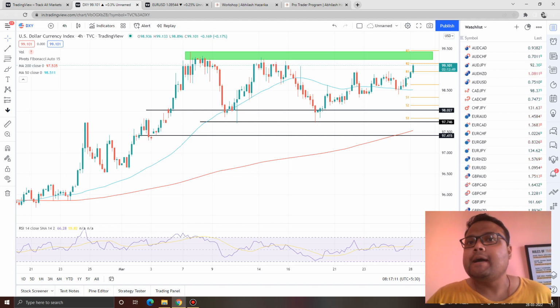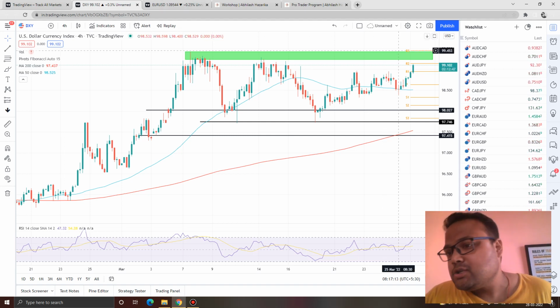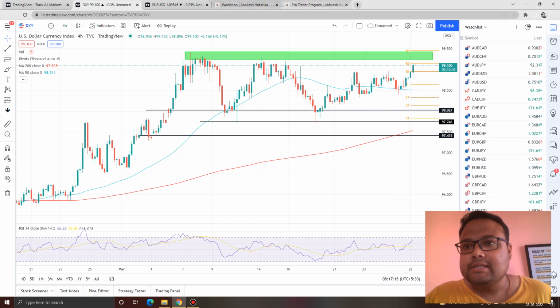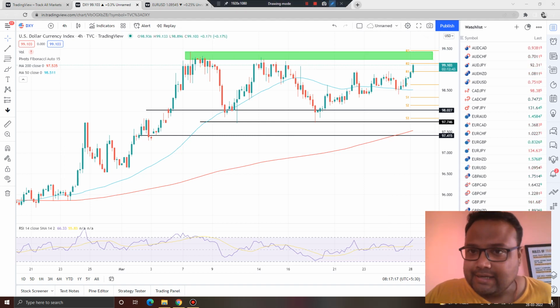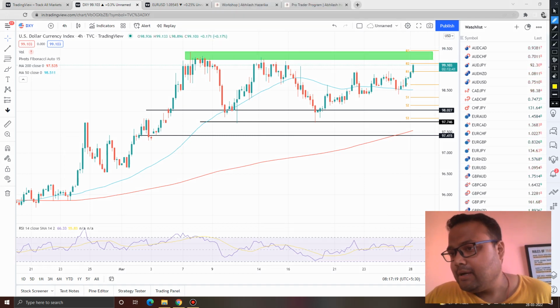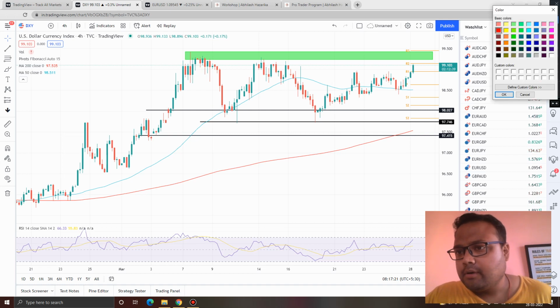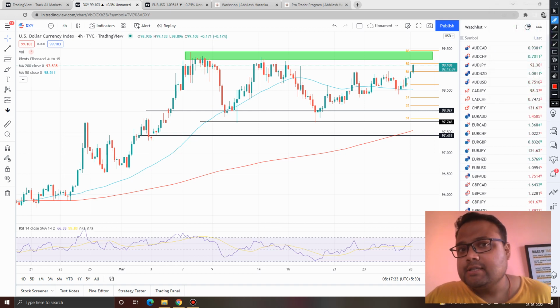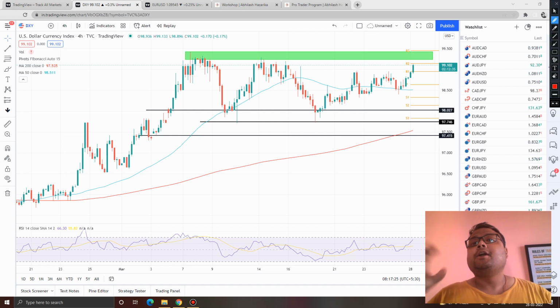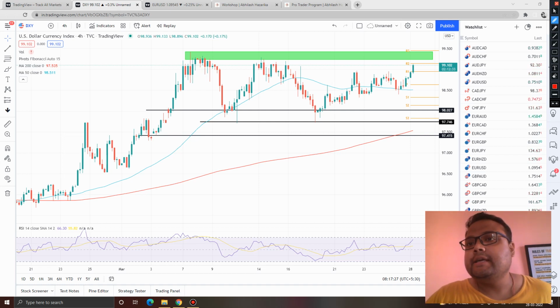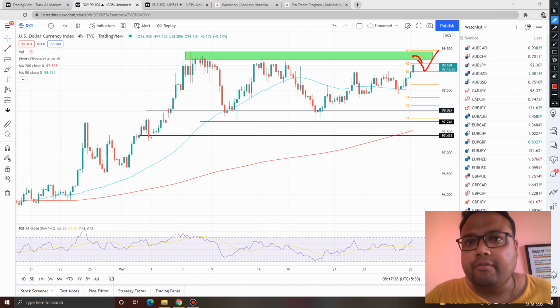DXY is going up, but DXY is also approaching the resistance zone. So there is a high possibility that after some time DXY will face some selling pressure, and I will not be surprised if I see DXY reversing from here and recovery on gold and Euro USD and other pairs. So be careful for some recovery because the chart of DXY will be very important.